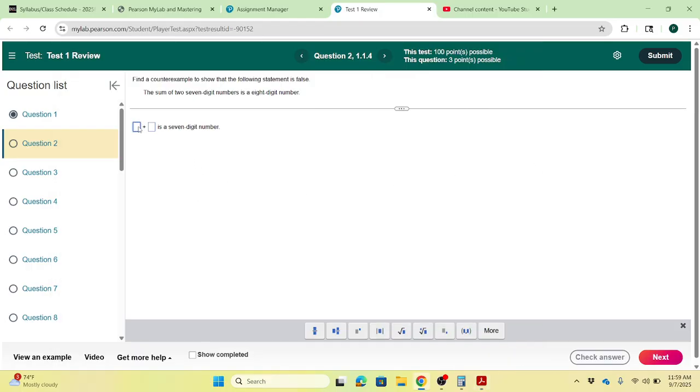So we can use any examples. I'm using here 1 2 3 4 5 6 7, and I can just do, let's say, 3 1 2 3 4 5 6 7. I can add any two 7-digit numbers whose sum is not 8 digits. It's still 7 digits.